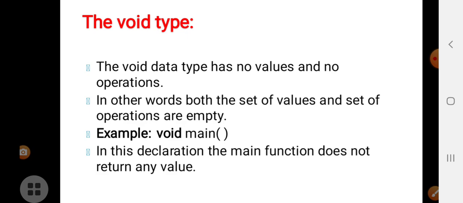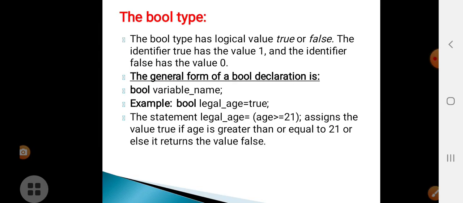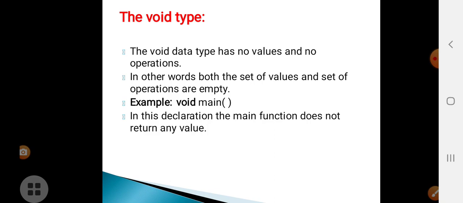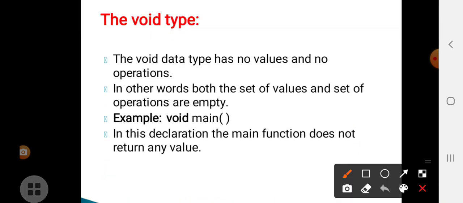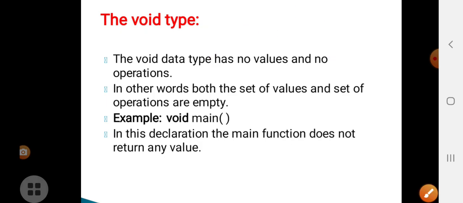You have seen this everywhere in C and C++ programs. It means this function will not return any value. Void means null. So this is about the void data type.